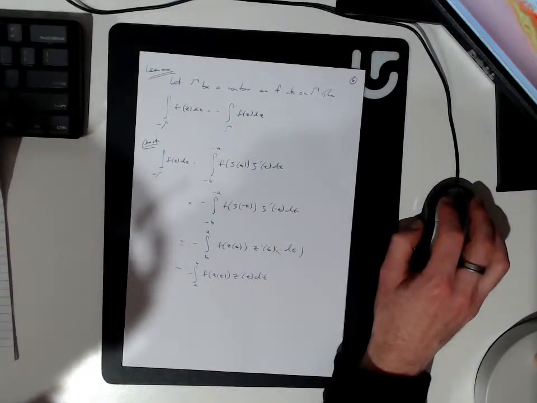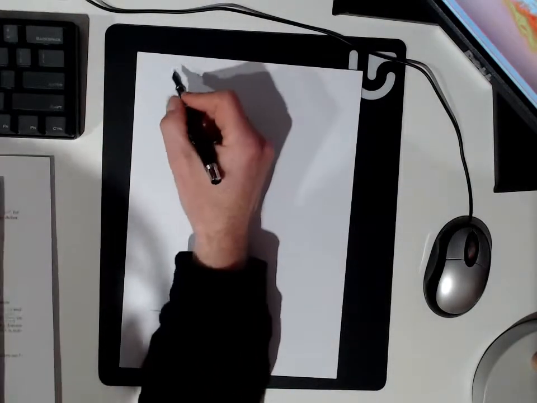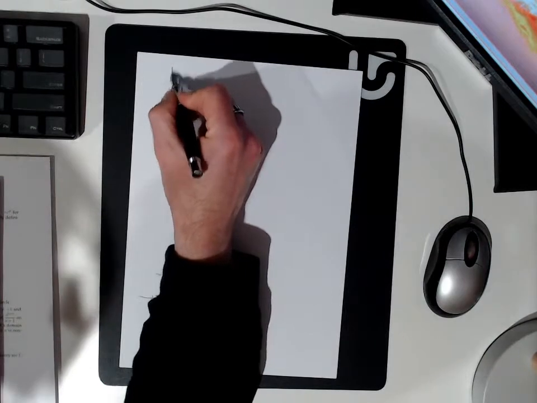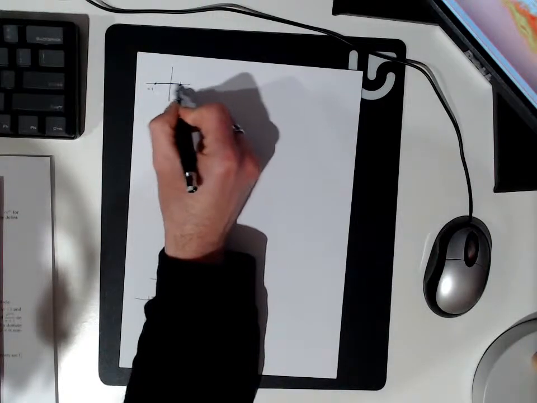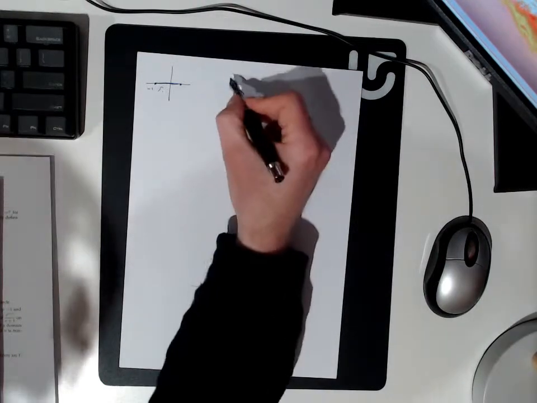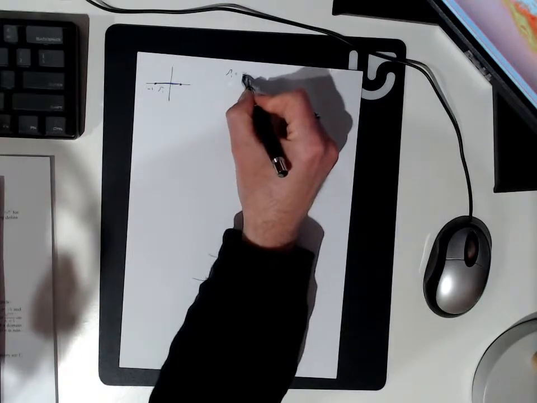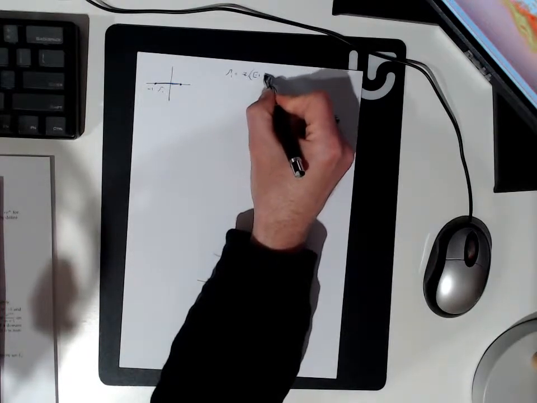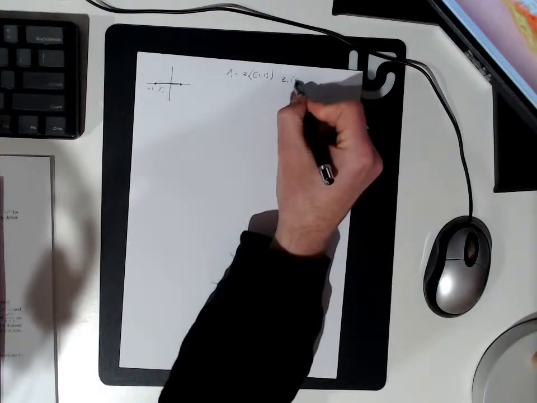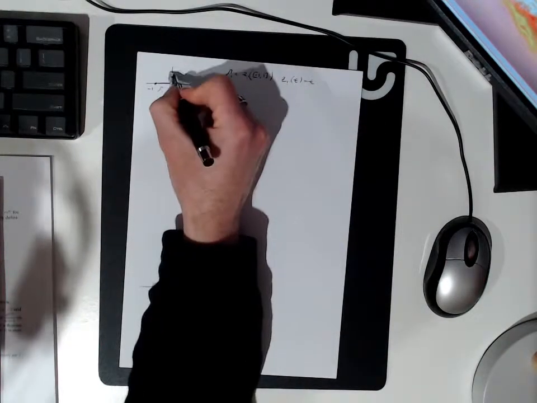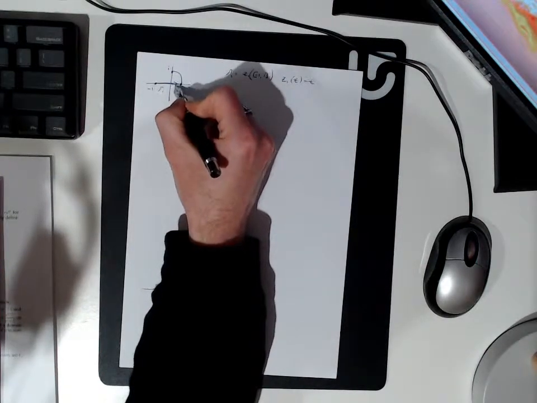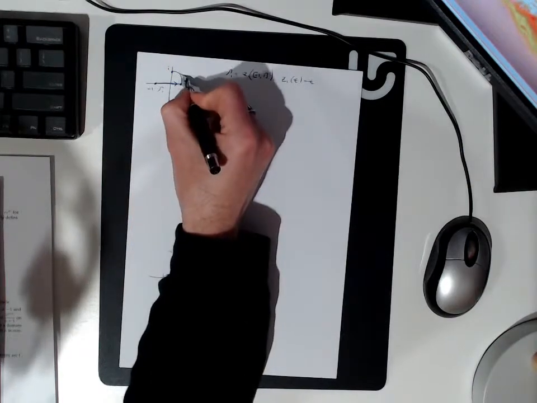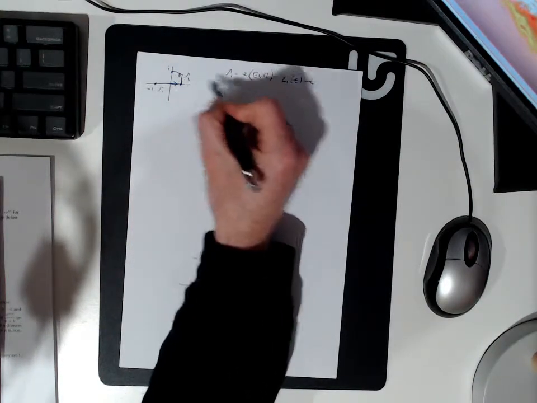Okay, so now a longer example to give you some idea of how a more detailed thing would be worked out. Here is minus 1 to 1. This is my gamma 1 that I had before, and I'm going to say that gamma 1 is equal to the image of z1 from minus 1 to 1, where z1 of t equals t. And then I'm going to take a semicircle, traveling this way, because I go from minus 1 to 1, and then I'm going to travel this way, and it's going to be gamma 2.